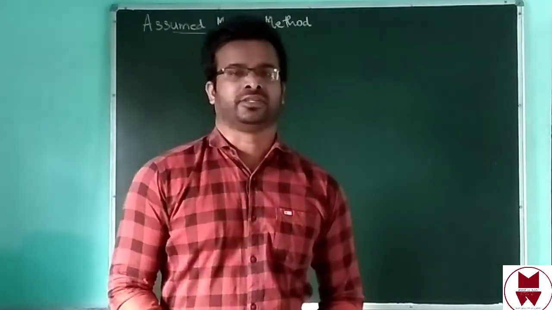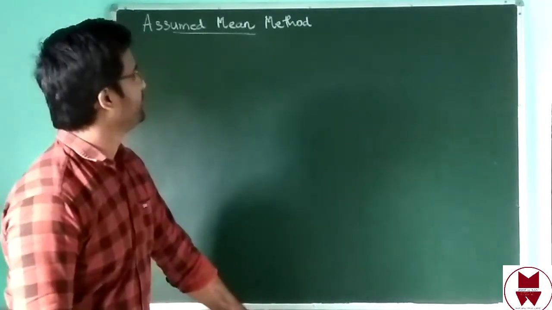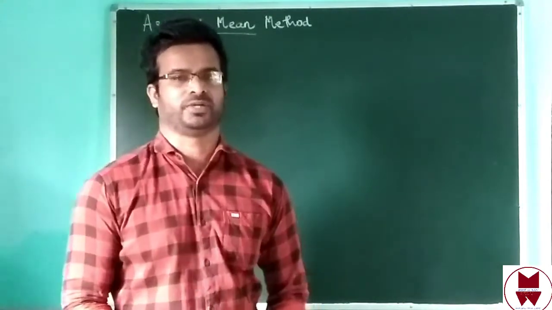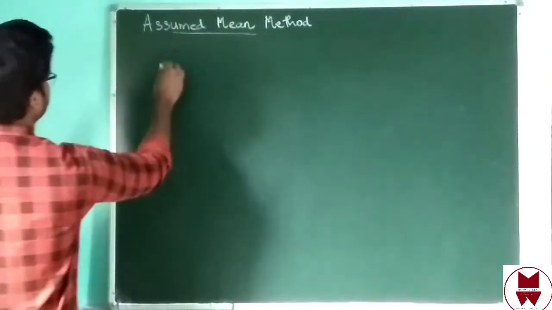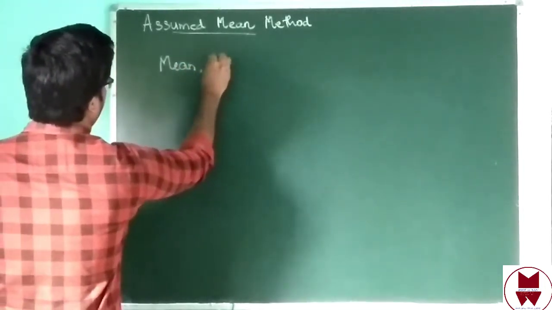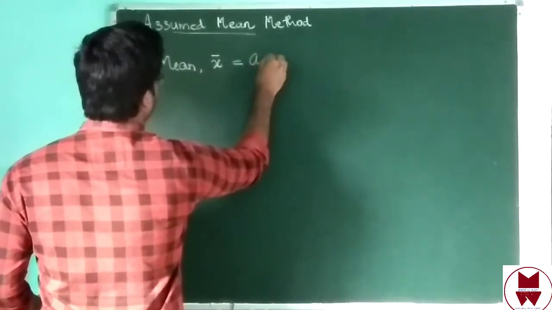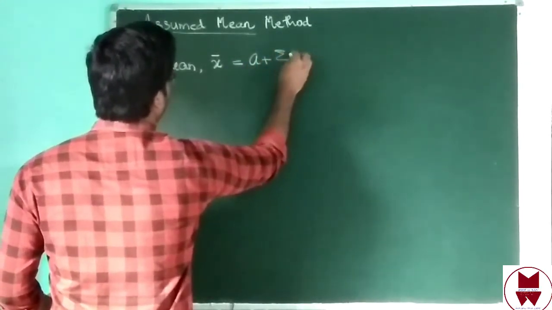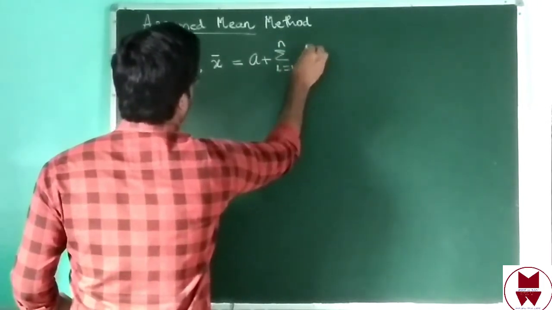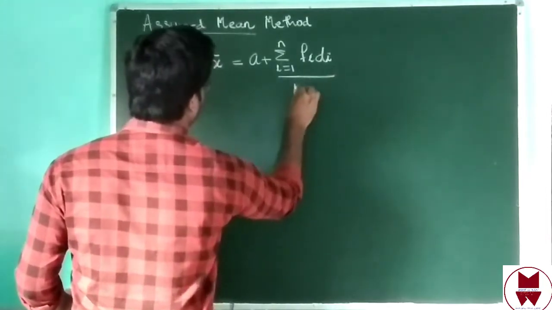Students, today we will study the next method, that is the assumed mean method. Here we have to study one formula. That formula is mean x bar equal to a plus sum of i equal to 1 to n fi di divided by n.